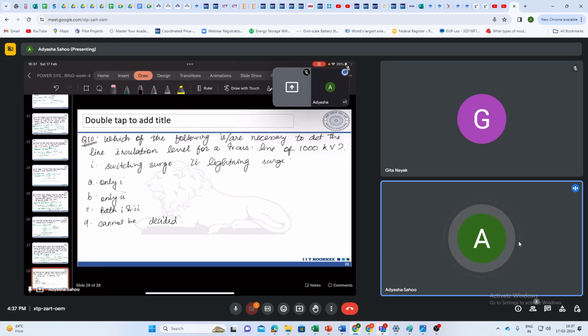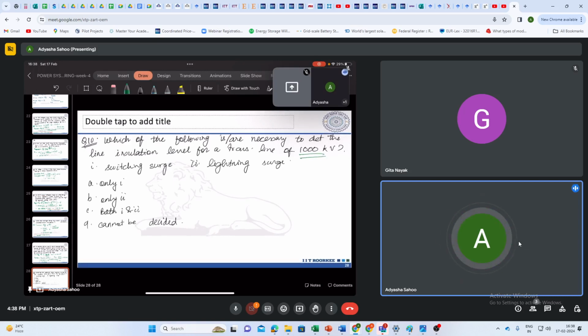So here you can see, can you tell what will be the answer? The transmission line is of 1000 kV and it is a high voltage line. So how the insulation level is decided for such kind of line? On which factor will it depend? Switching surge or lightning surge?